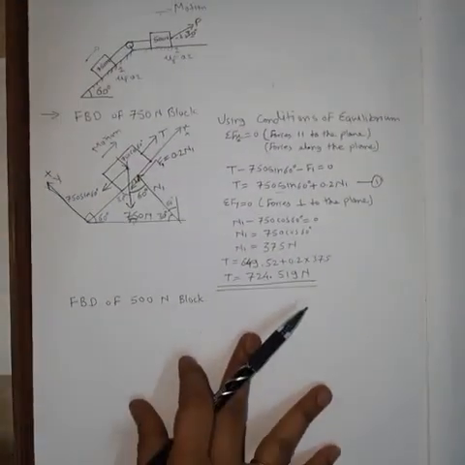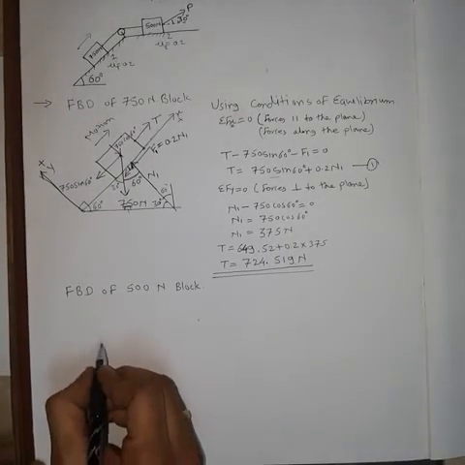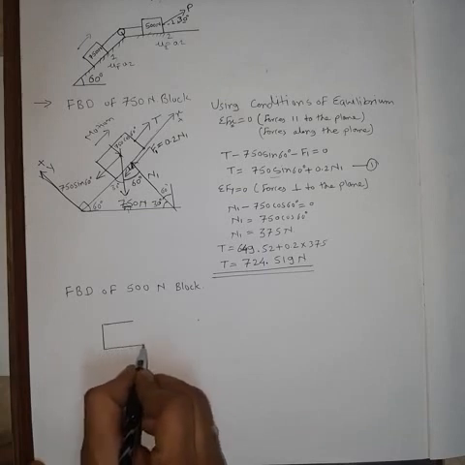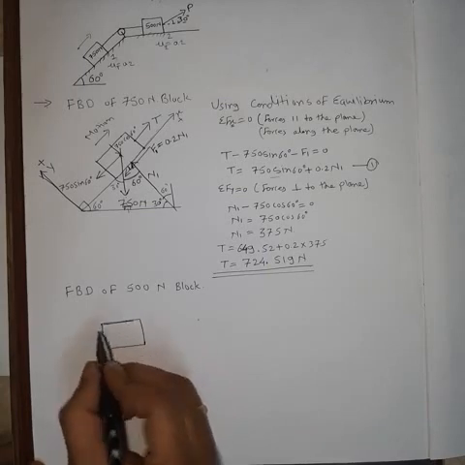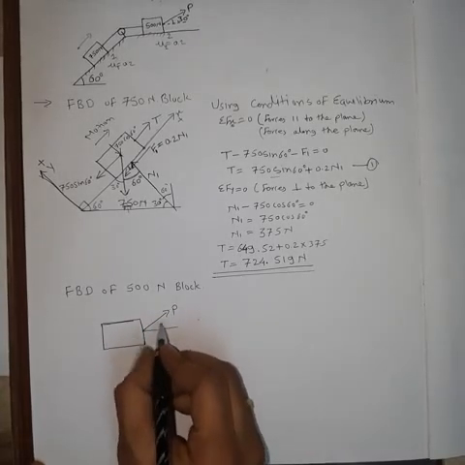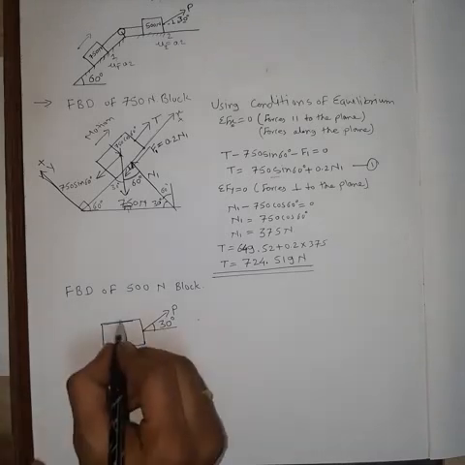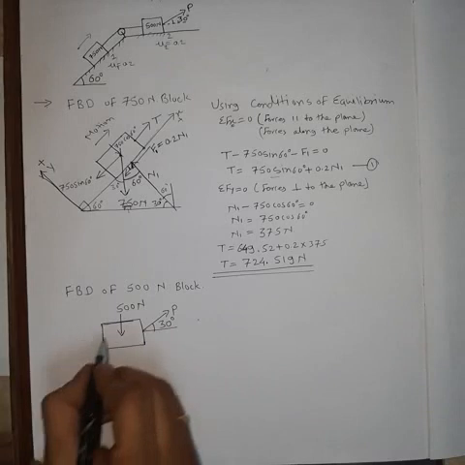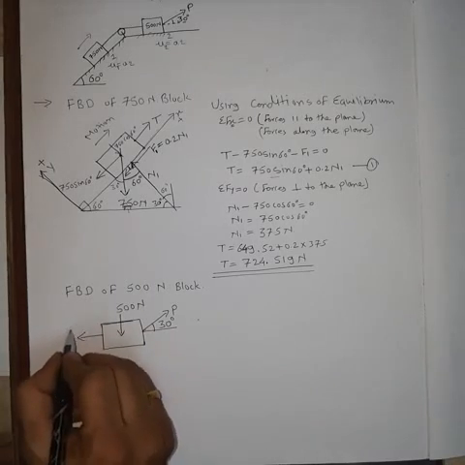So directly you can draw its free body diagram. So it will be like this. So active forces: force P acting at angle of 30 degree, its weight acting vertically downward, 500 Newton, and tension in the string T.